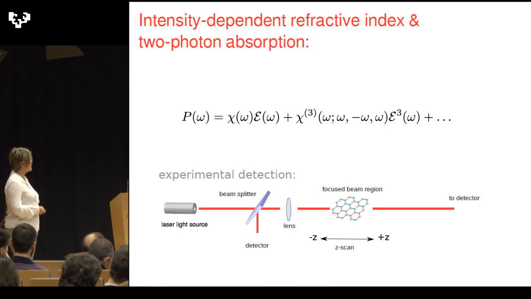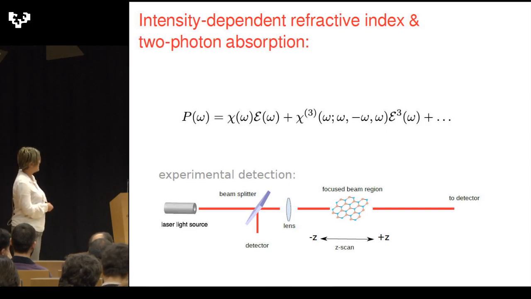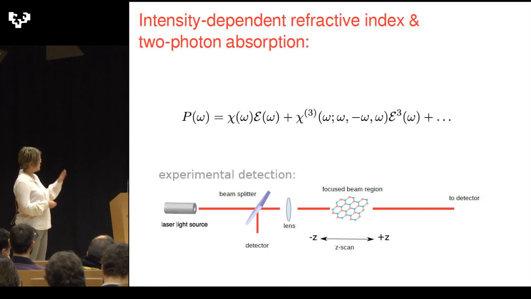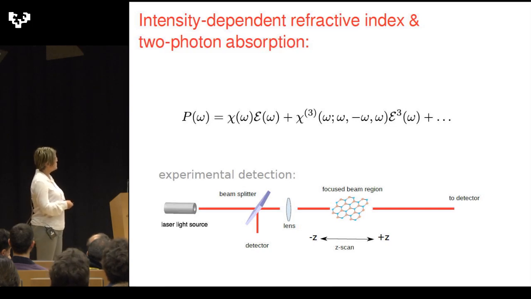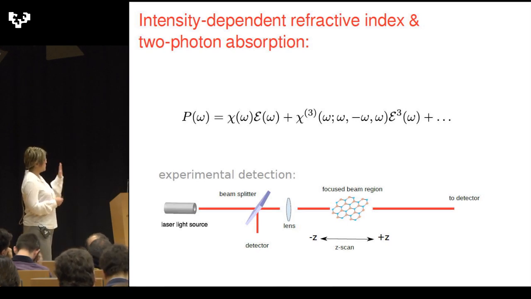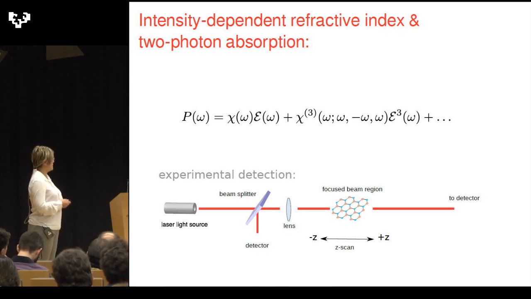And you can get this in an experiment if you just put a lens which focuses the beam. And then, of course, if you move your sample slightly, it will experience a very different field. And so you can just look at how the polarization is changing when you change the intensity.